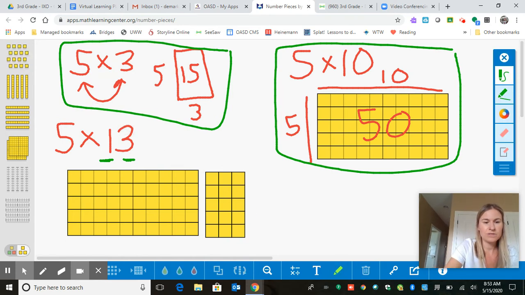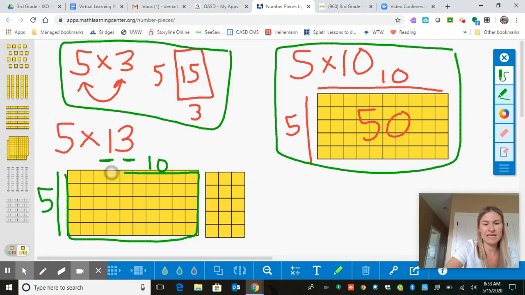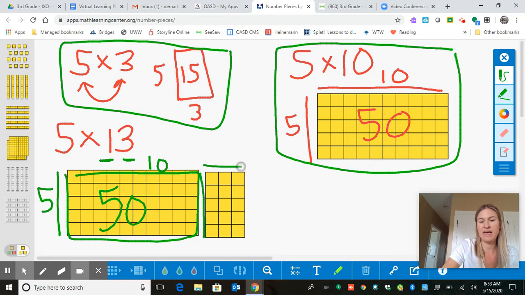This array here is showing us 5 groups of 10. And we already solved that in our problem string, that was 50. But we have to multiply 5 by 13, so there's also this group of 5 3s. So this is still 5, but now it's a 5 by 3. And we solved 5 by 3 is 15.